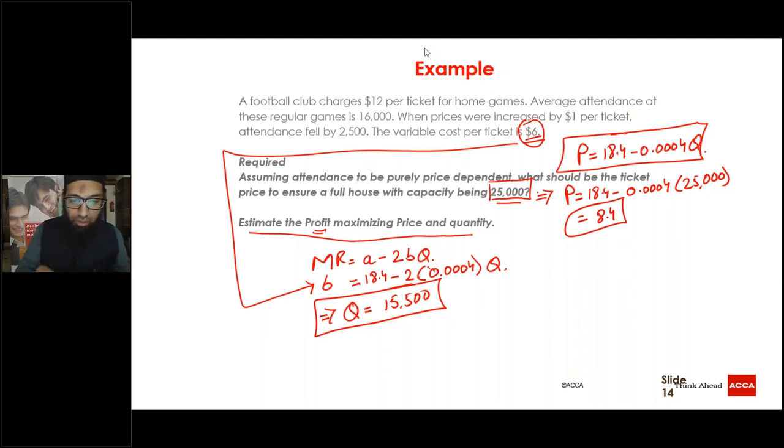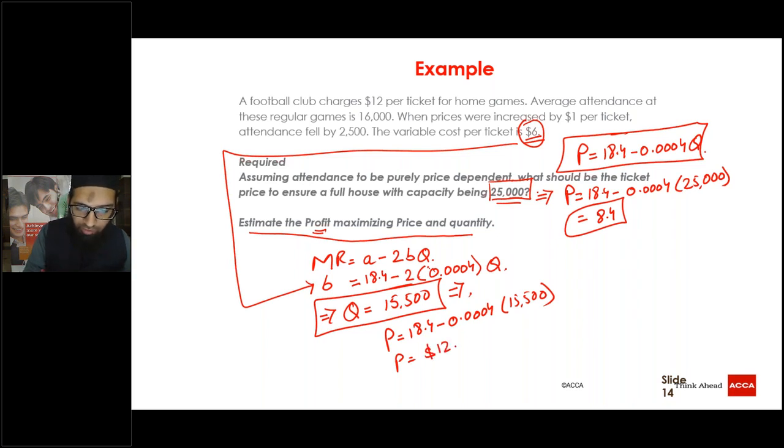Now, I will put the value of Q in the demand function to determine the price. So P is equal to 18.4 minus 0.0004 into 15,500. The price will be $12.2.